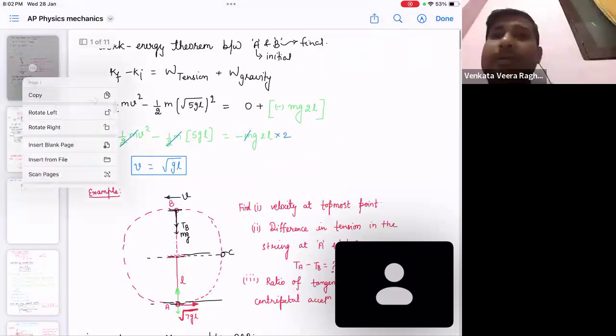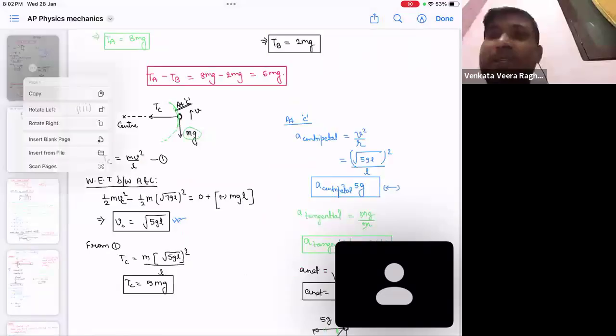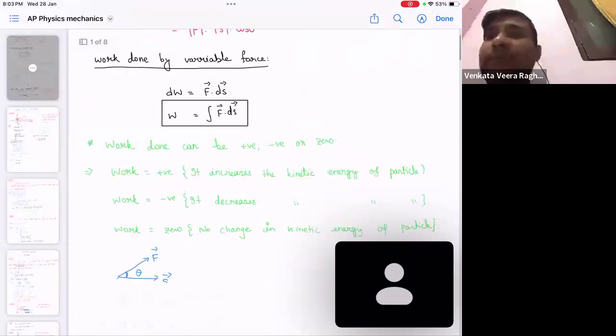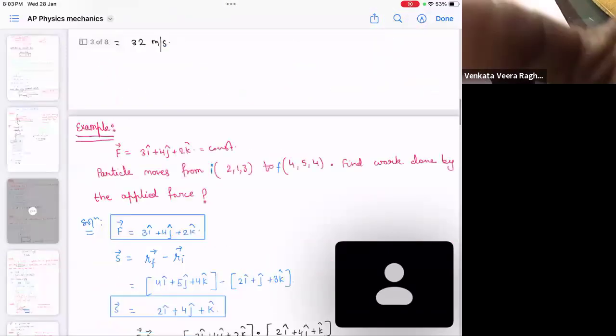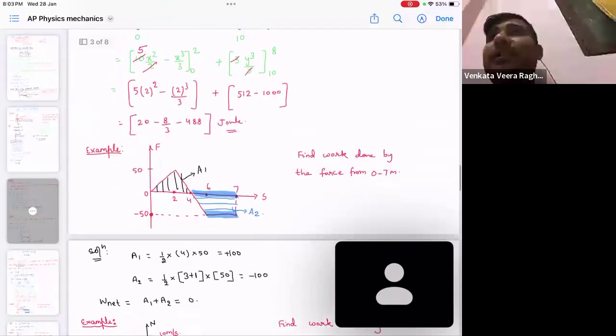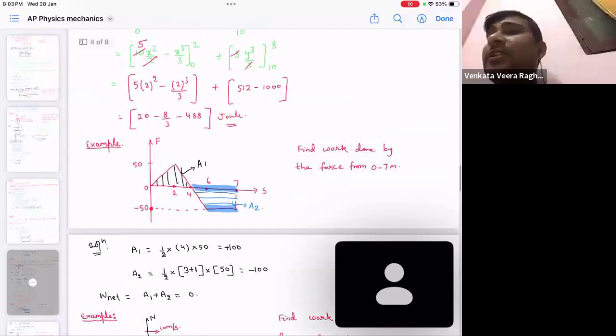Last class, we did some examples on the work done calculation, using the graphical method and using the integration method. Now let's discuss the work done by common forces. Common force means what? The gravitational force and the spring force. Let's try to calculate what is the work done.